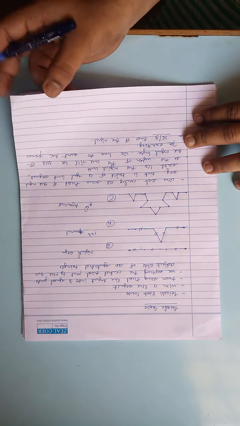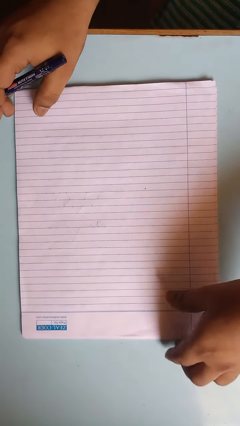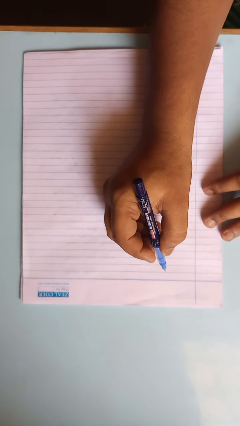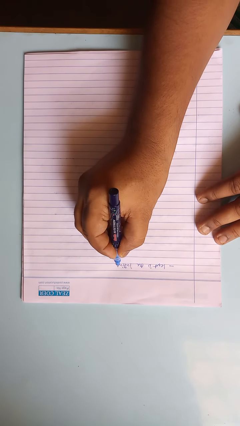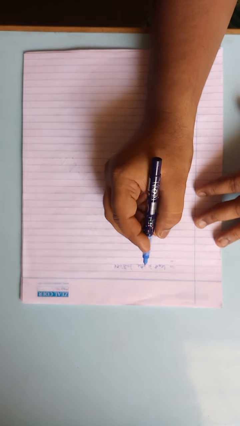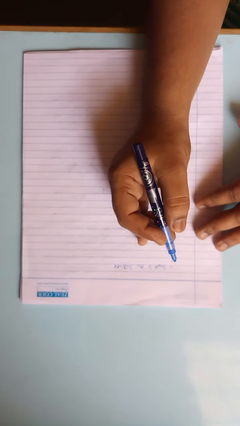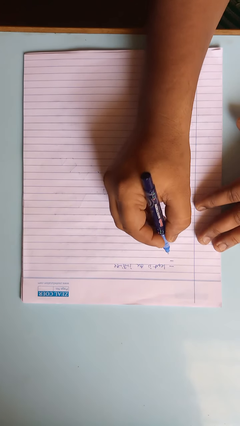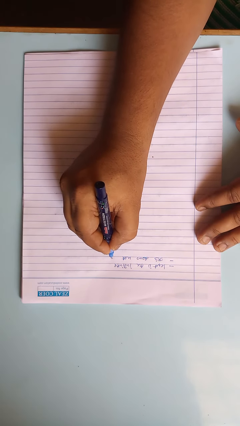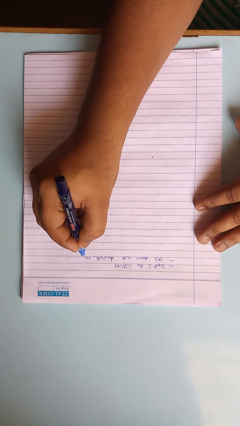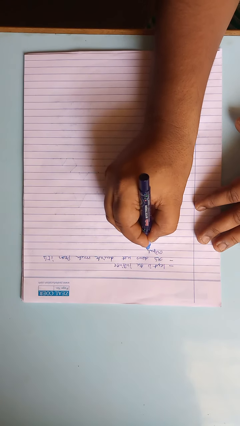This Koch curve has some properties. The first property is that the length of the Koch curve is infinite. The next property is that it does not deviate much from its original shape.